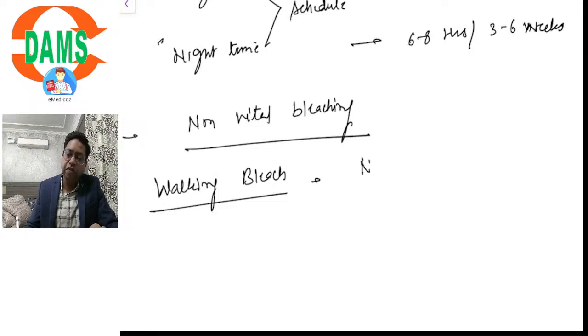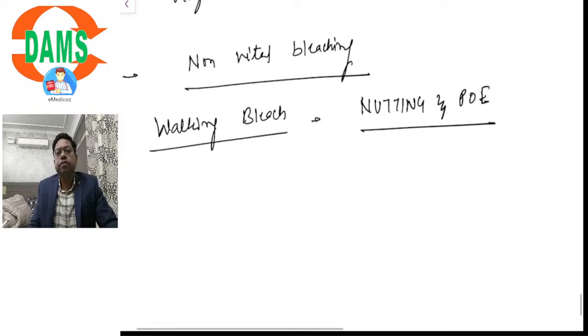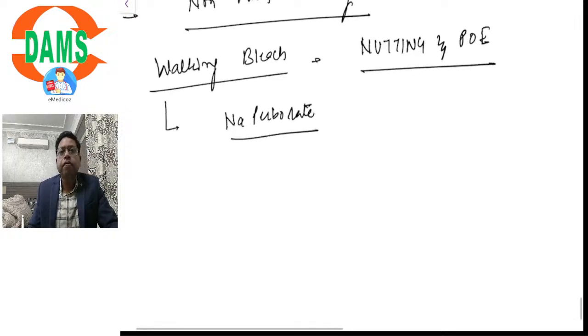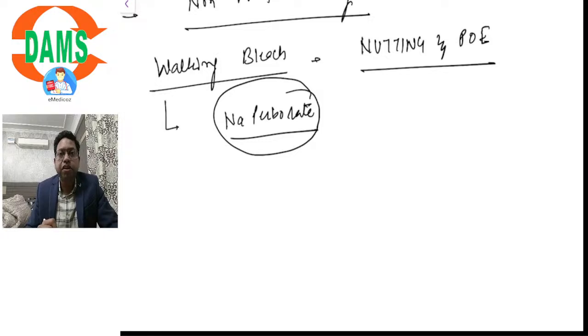This technique of bleaching was given by Nutting and Poe, walking bleach. And the agent that we use most commonly is sodium perborate. Depending upon the technique of bleaching, the bleaching agent is changing. Here the bleaching agent would be sodium perborate.